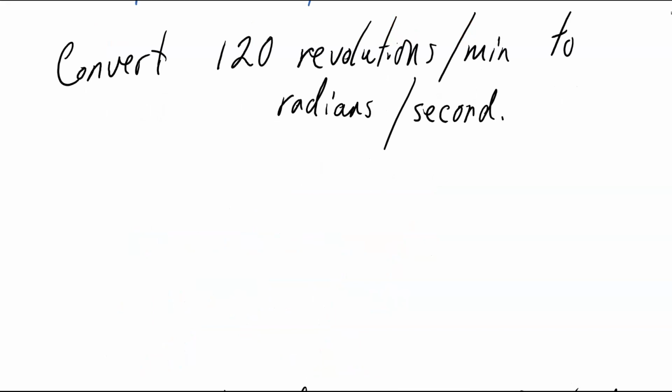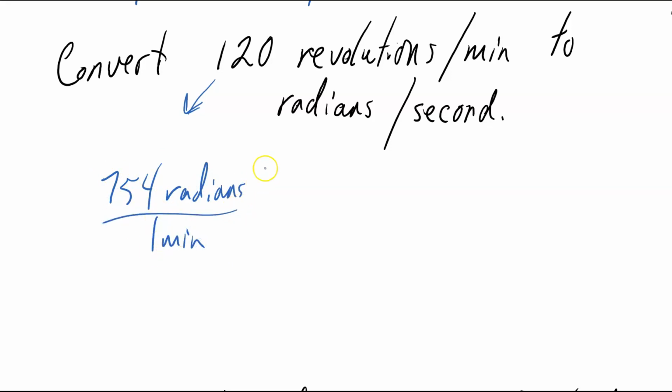Next, we will change our 120 revolutions per minute into radians per second. We already know that this converted to 754 radians per 1 minute, and I would like to make that into seconds.